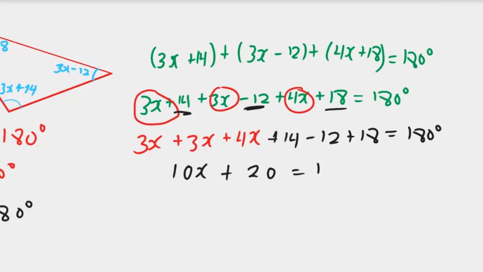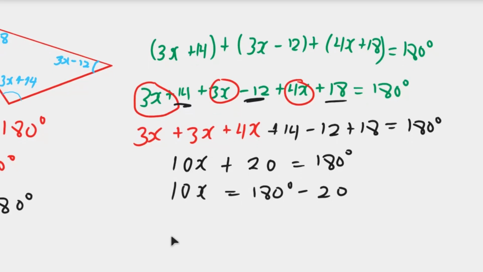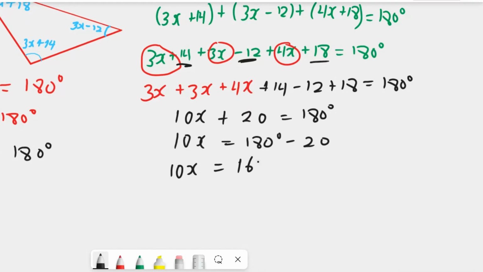Equal to 180 degrees. So what do we do next? We have to take 20 to the other side. So we get 10x equal to 180 degrees minus 20. That will give me 160, right?